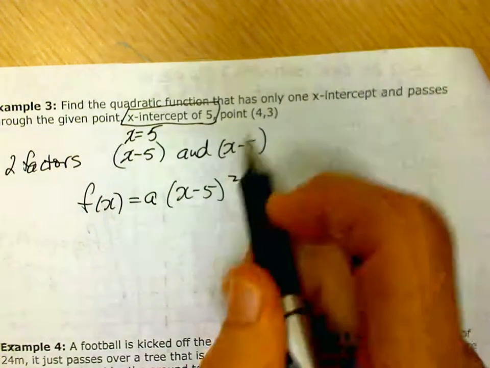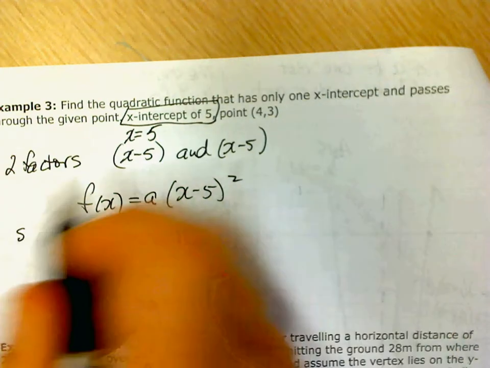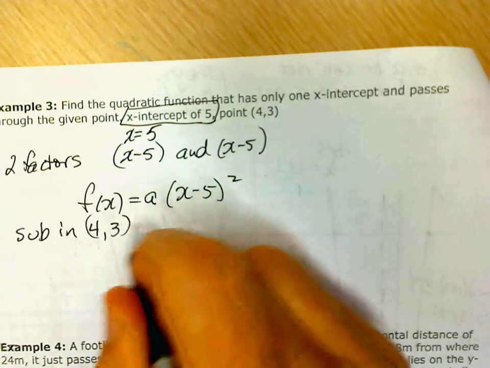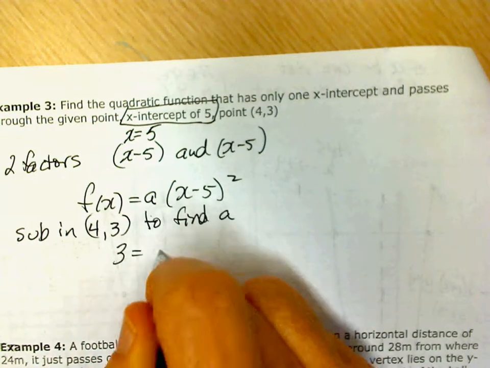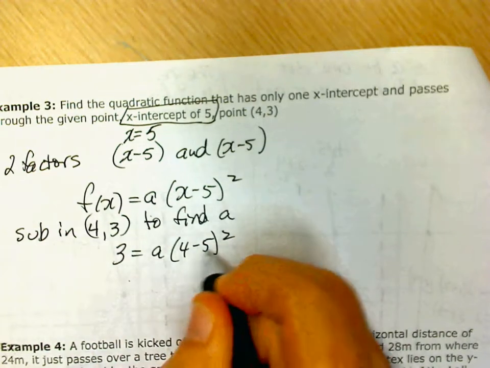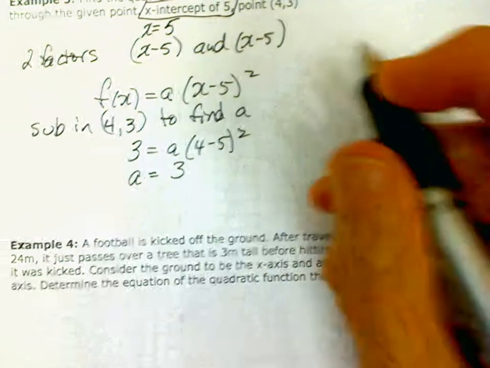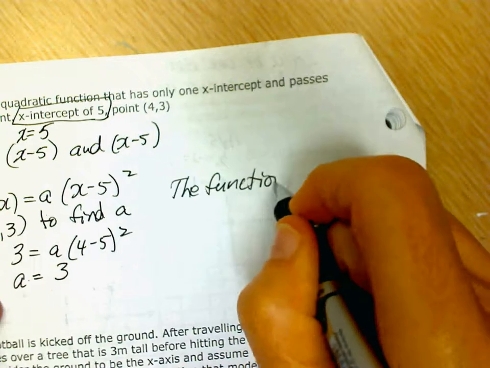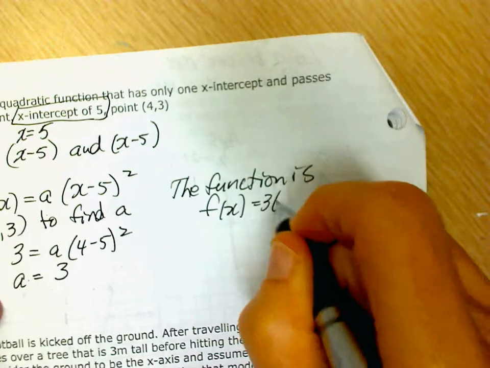We can sub in 4, 3 to find a. So 3 equals a times 4 minus 5 squared. That's negative 1 squared is 1. So a equals 3. The function is f at x equals 3 times x minus 5 squared.